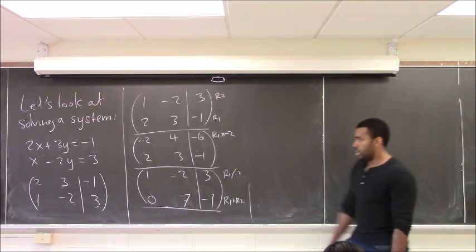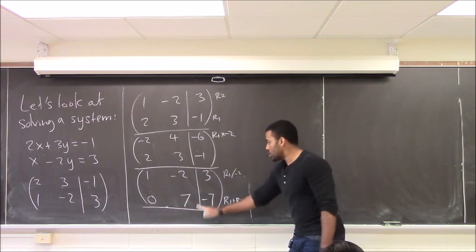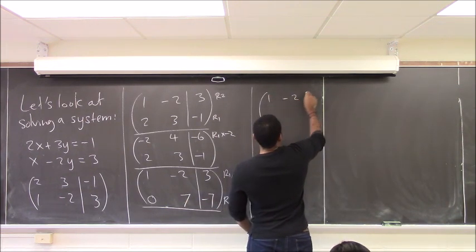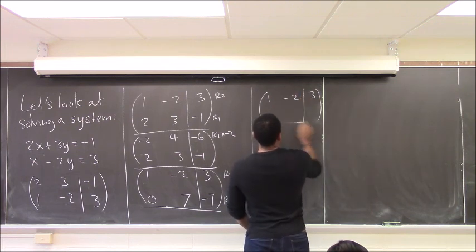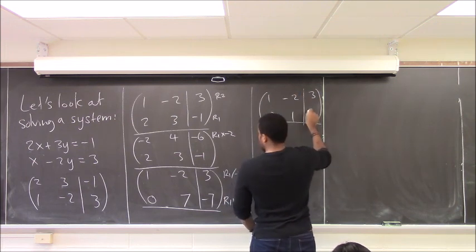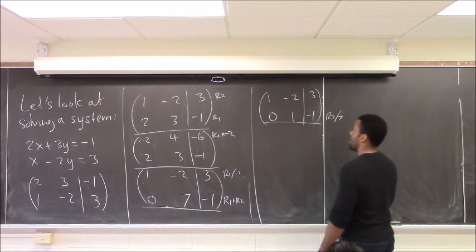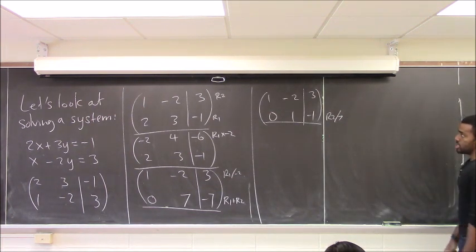The next thing we did was to get the coefficient of y to be 1. So what I did was take row 2 and divide by 7. Now that got this to be a 1.